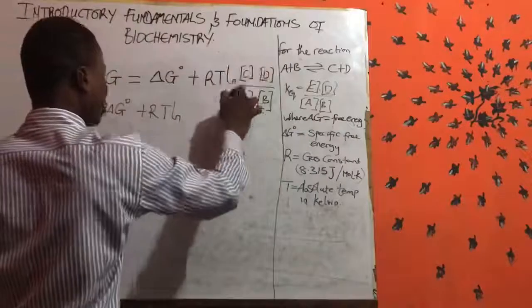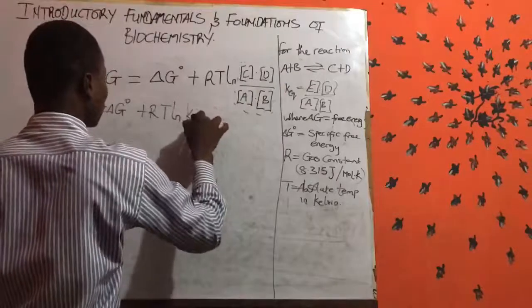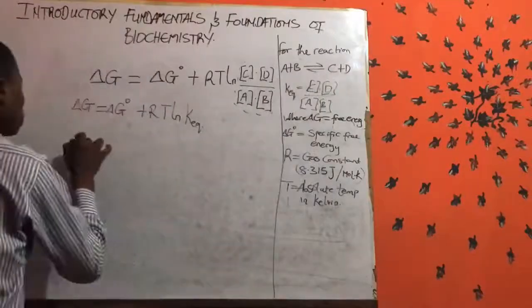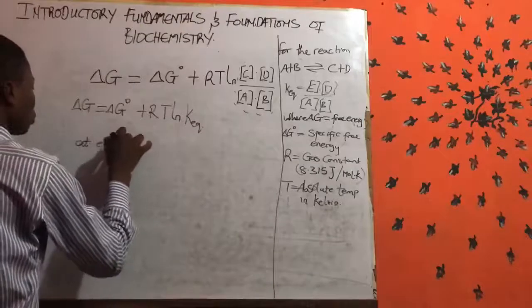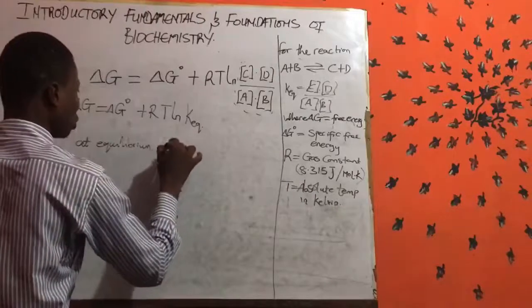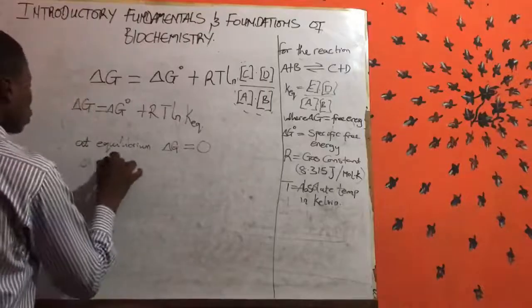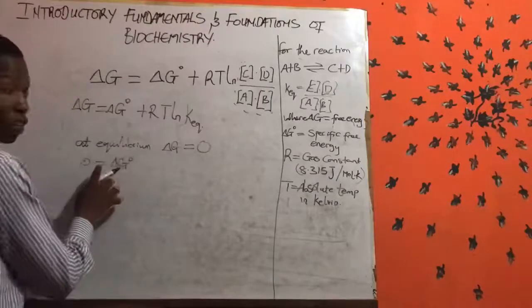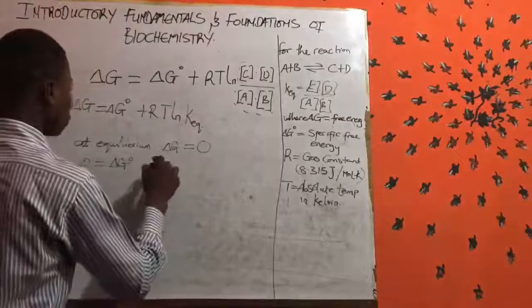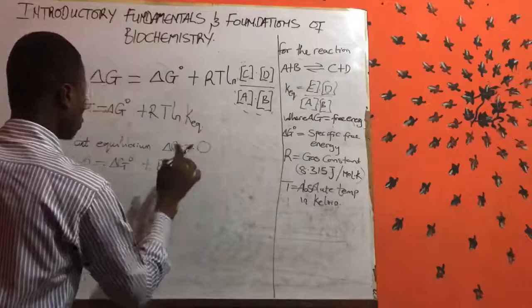You now recall that that's the same thing we have here. So I can say ln of Q. Now, at equilibrium, notice the equilibrium here. At equilibrium, our delta G, which is the free energy change, equals 0. Then I can say 0 equals delta G naught, which is my specific free energy change, which is specific for a particular reaction, plus RT ln K, the equilibrium constant.